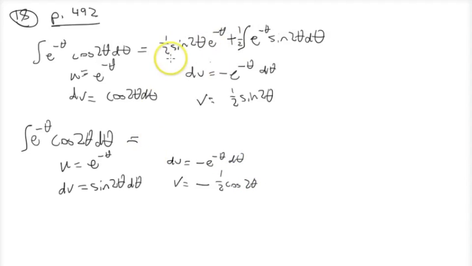There's a d theta right here. And so don't forget about this little bit of the function. So it's going to be 1/2 sine 2 theta e to the negative theta plus 1/2. And we're going to open up our little brackets right here.